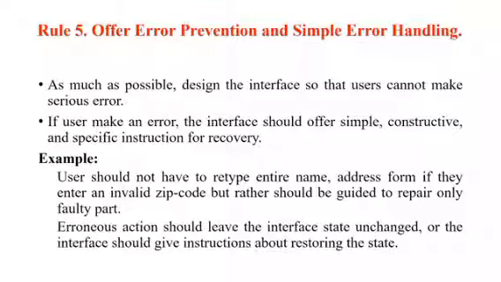At the same time, don't send him back, or don't ask him to start from the beginning, because it will be a repeat of the process from the start. So allow him at that point to repair that fault. So that is offer error prevention and simple error handling.